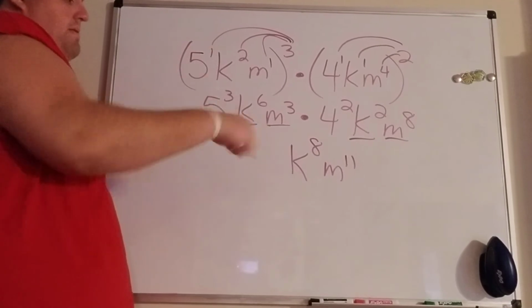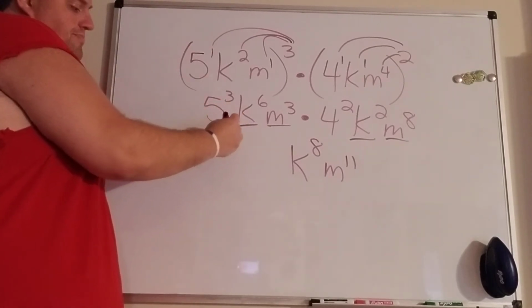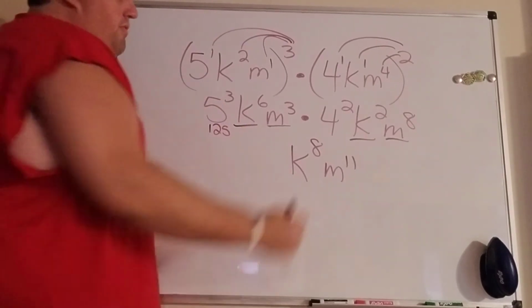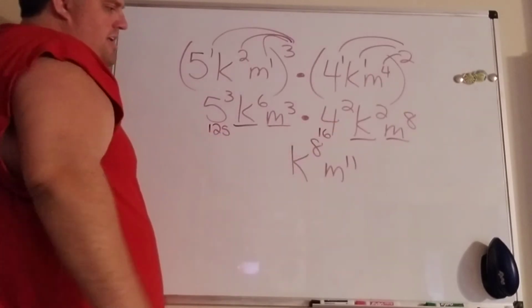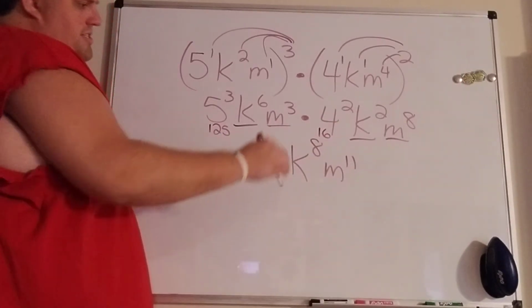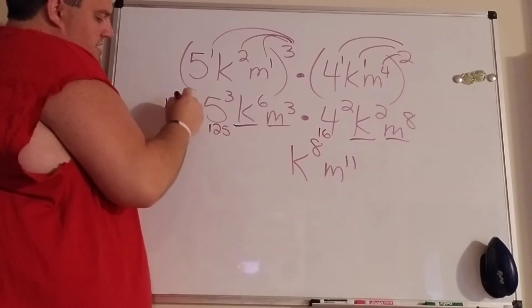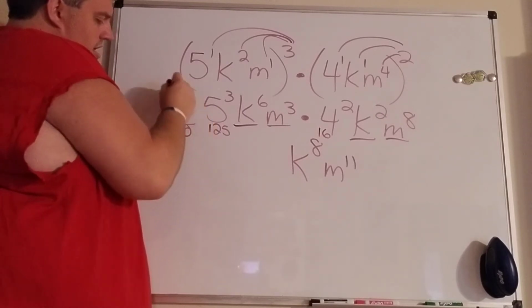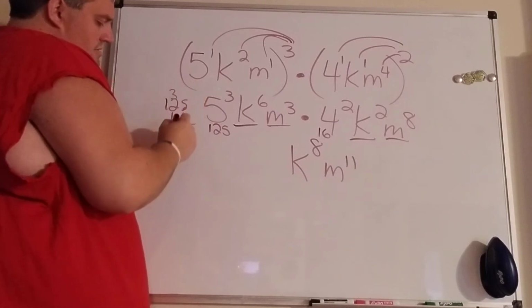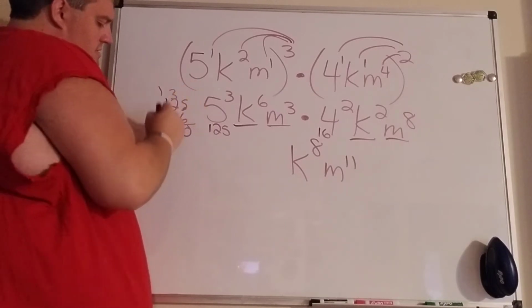So 5 times 5 times 5 is 125. 4 times 4 is 16. And then now I can do 125 times 16, right? And 12, 15, 16.